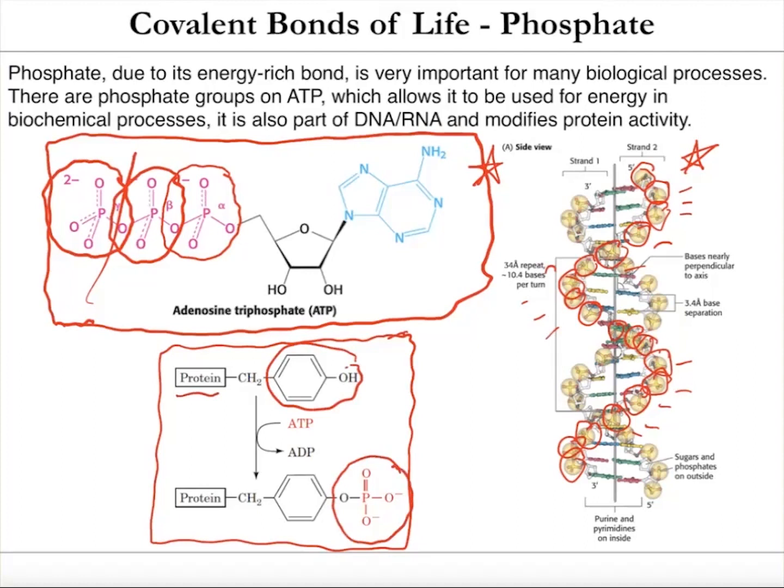So we'll get into this a little bit more later, but that can basically make it so the protein is turned off when there's no phosphate on it, and then it gets phosphorylated, and now that protein actually has activity. Or the protein can have activity, and you take the phosphate group off, and now it doesn't have any activity. Stuff like that. So phosphate is really important. Phosphorus really only occurs in this form of phosphate when we're talking about biomolecules.